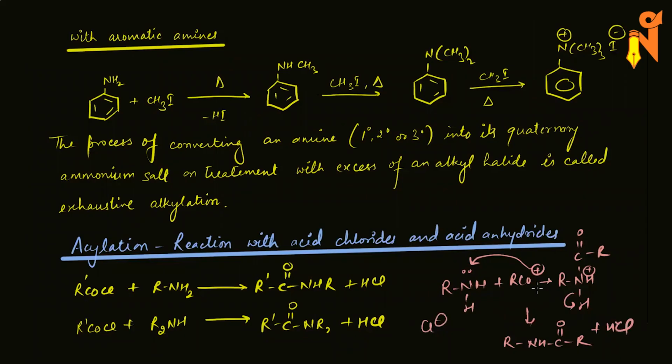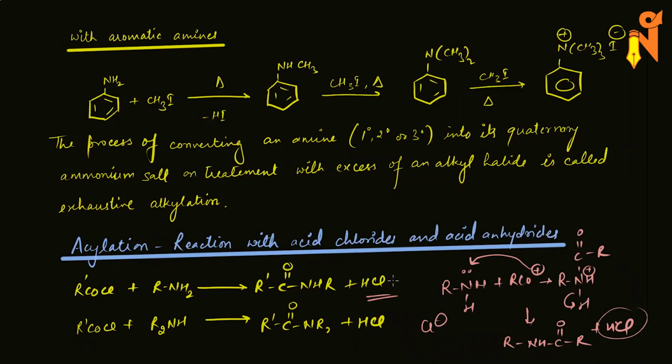So basically, electrophile attack will happen first, and then later on HCl formation will take place once nitrogen gains a positive charge and kicks out the H plus. It will go with the chlorine and form HCl. So this is how the reaction is happening. As I said, all the three reactions I have shown you till now are electrophilic attack reactions.